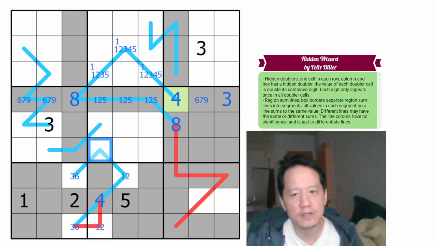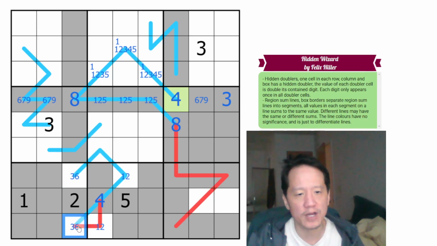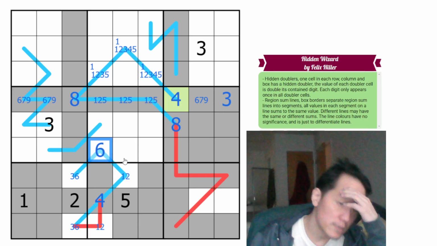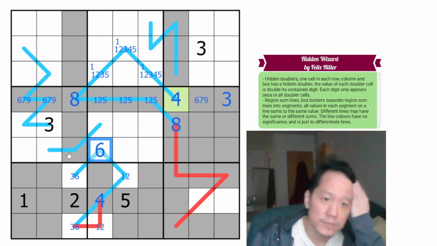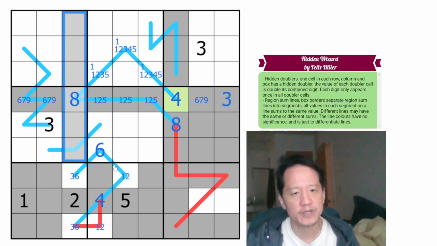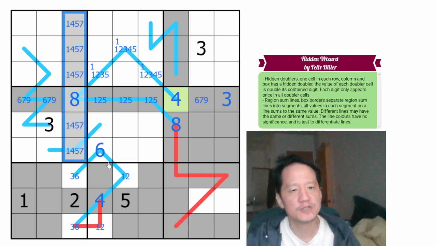This has to be, if it's 3 doubled, the problem is we already have a 3 that's doubled here. So therefore this must be a 6. What are the remaining digits in this column? It's 1, 4, 5, 7, or 9.